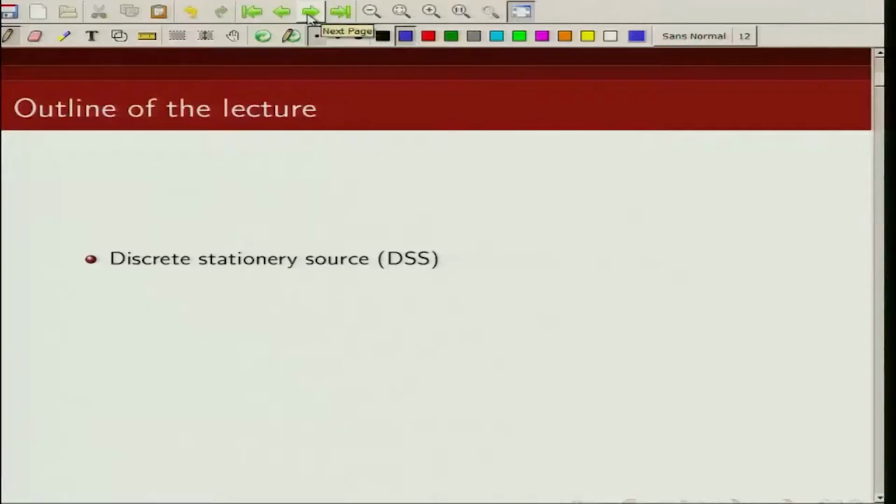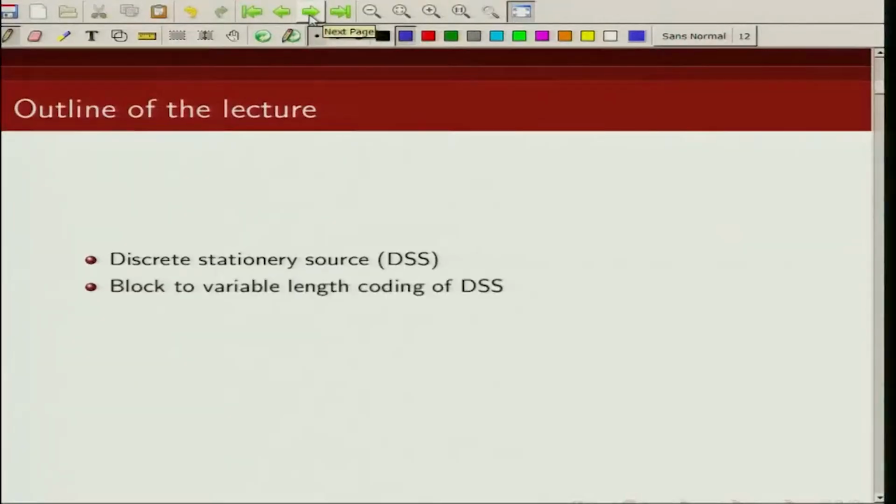Before we discuss that, we'll first define what we mean by a discrete stationary source with memory. Once we describe this, we'll take a simple example of block to variable length coding for a discrete stationary source, and we'll prove some properties of discrete stationary sources.